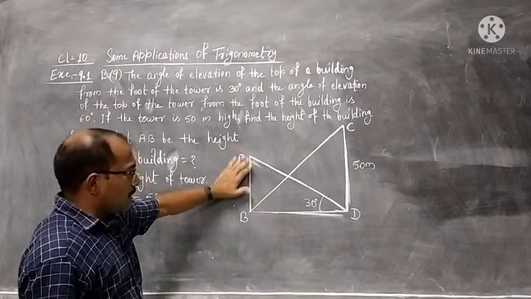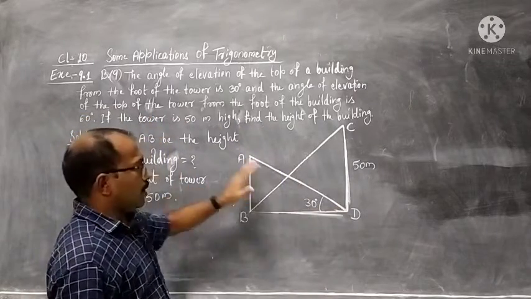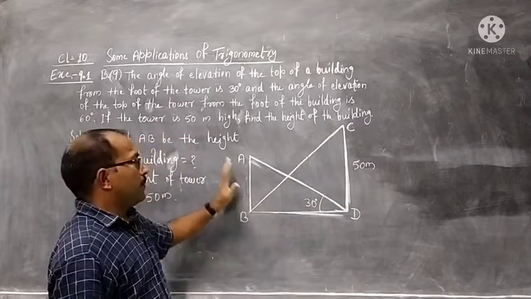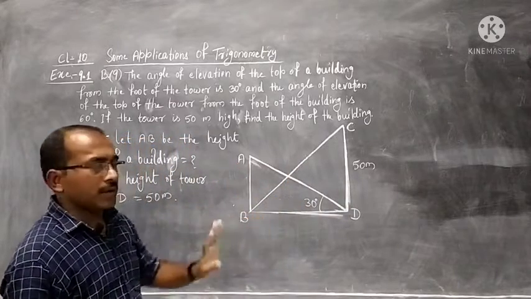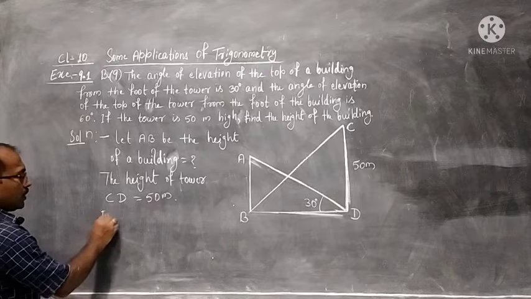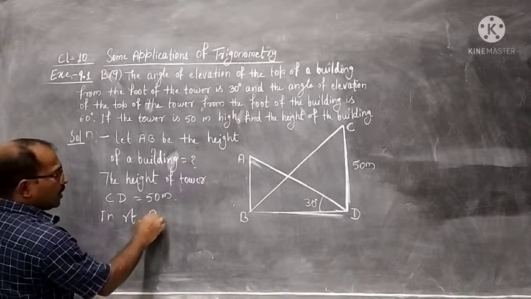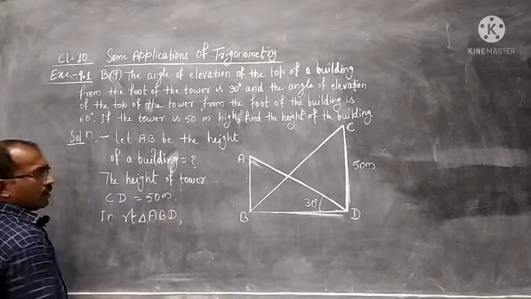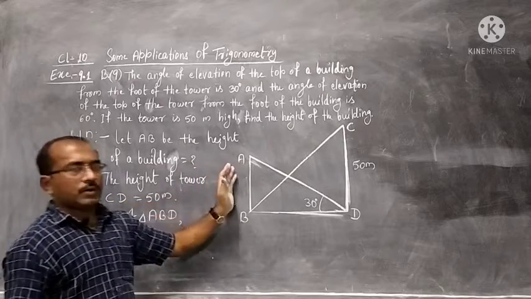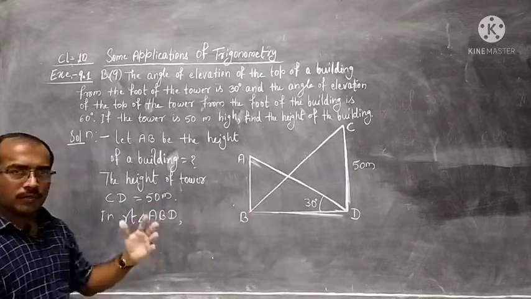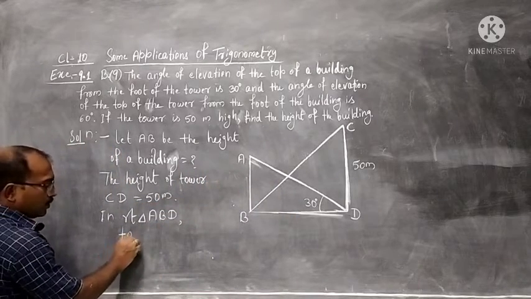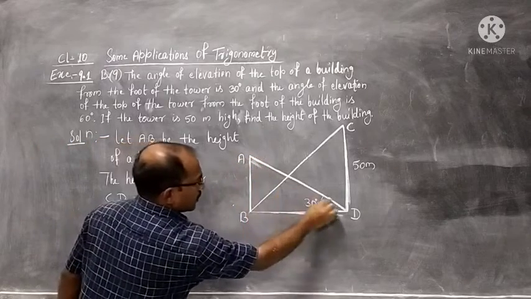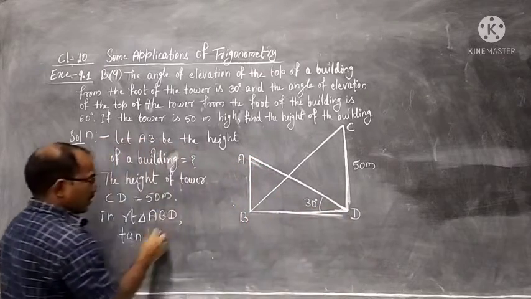We have one triangle here, ABD, another triangle CDB. Let us work in these triangles one after another. So, we start the work in right triangle ABD. We will use the ratio tan for this angle. This acute angle is here 30 degree.